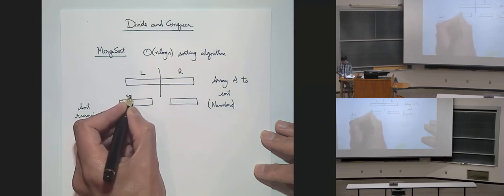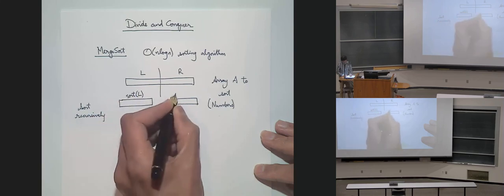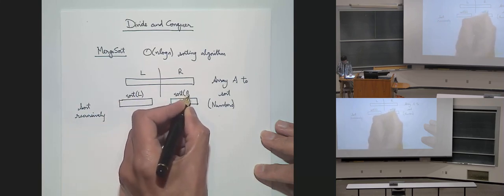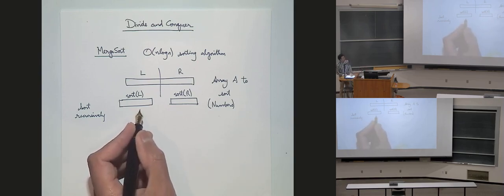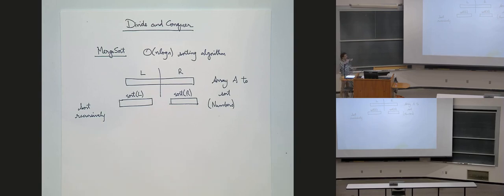So this would be the sorted version of L and the sorted version of R. And you say, how do you do this recursively? Well, it's recursion, so you apply it recursively, and then you have to combine these recursive parts into the solution for the whole.